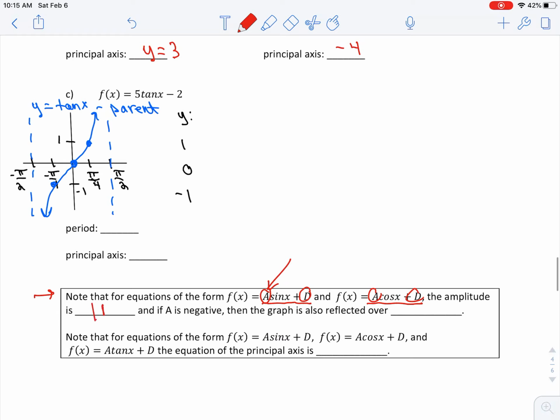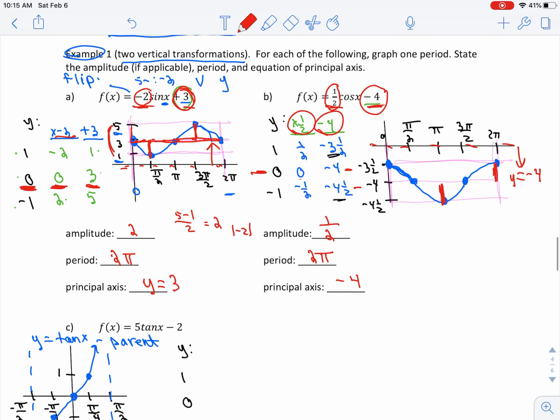It's the absolute value of a, because amplitude is always positive. It's a distance. But if a is negative, then the graph is also going to be reflected over the x-axis. And that's what we saw in this first one. When a was negative, it first was reflected over the x-axis, and then it was moved.